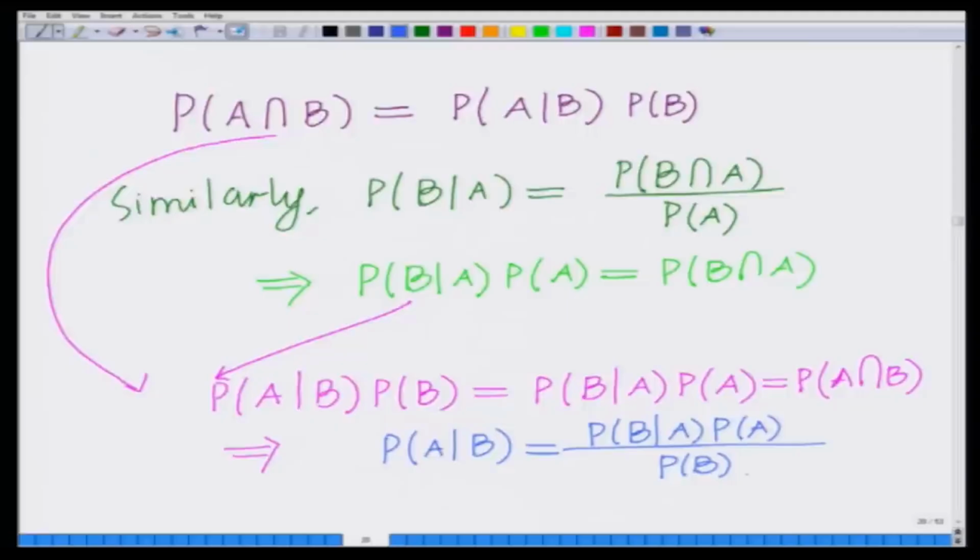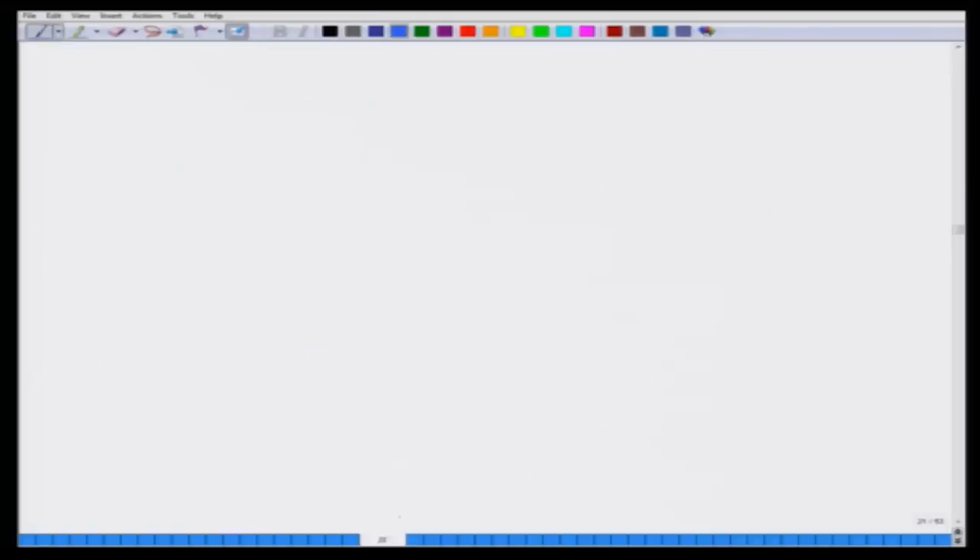Let us now look at an application of this concept of conditional probability in the context of our M-ary PAM modulation. Remember, M-ary PAM stands for pulse amplitude modulation. So, let us look at a simple example of conditional probability in the context of M-ary PAM.